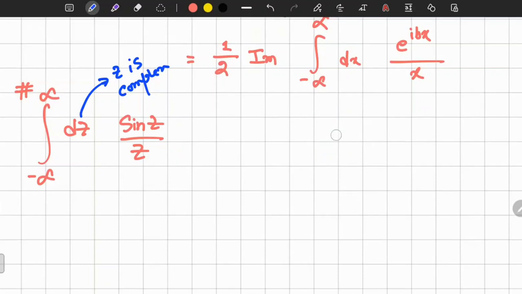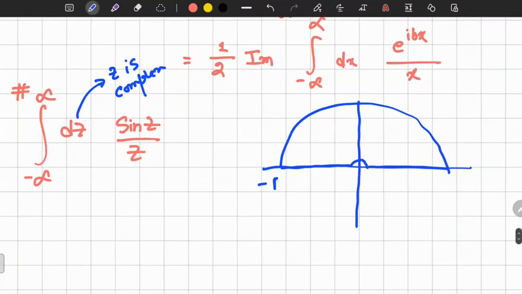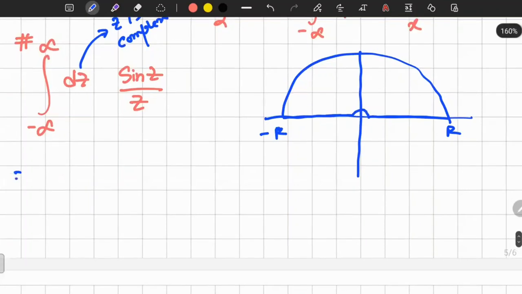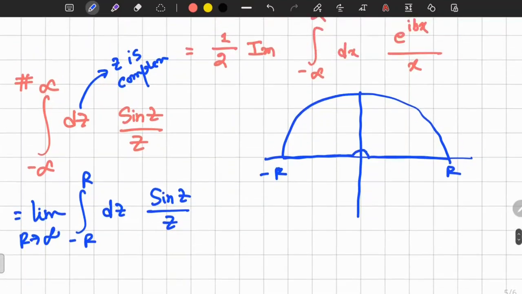So we can take like this in the z plane, we draw. Then we can take a contour like this, from minus r to r. Okay, so we can write it like minus r to r dz sin z by z, limit r tends to infinity. In this overall contour, here z is 0.